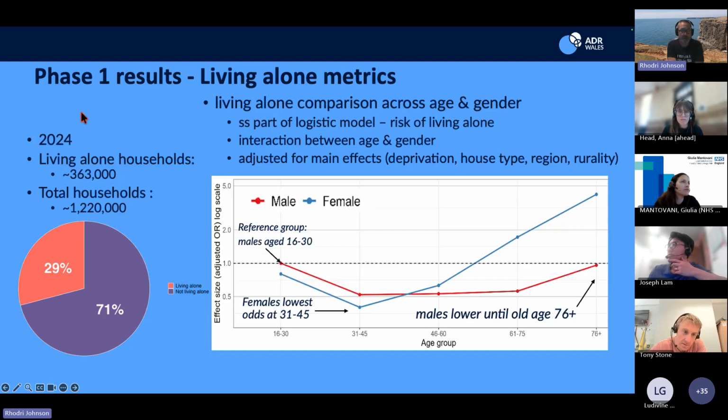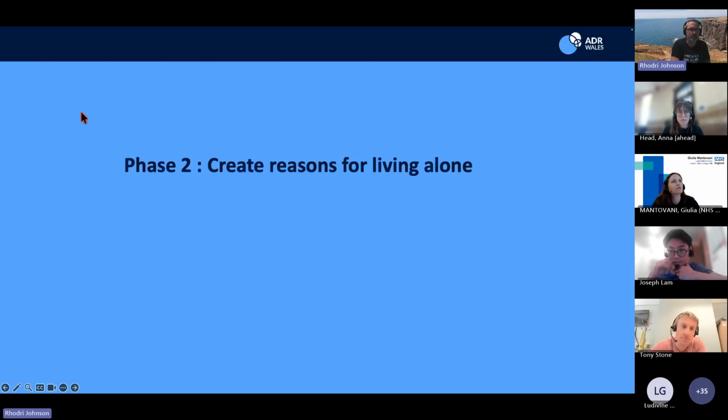The females' lowest odds are 31 to 45, and then from that age onwards, they increase relative to the males aged 16 to 30 after adjusting for all those main effects, where they are around 5 times the odds of living alone compared to the younger males. Okay, so that's phase 1, creating that data, visualizing it, doing various statistics just to find out what's going on.